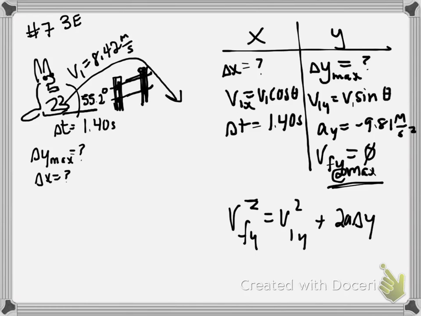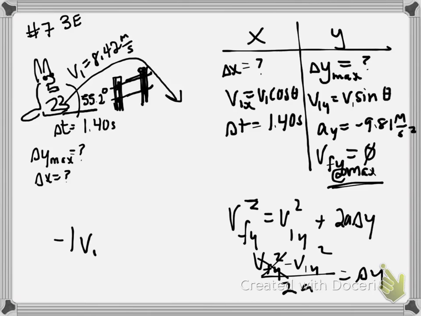And that would be beautiful. And then to find delta y, we just do the whole thing that we've been doing. VFY squared minus VIY squared over 2a equals delta y. And that goes away. So then we're left with negative 1 VIY squared over 2a equals delta y max.